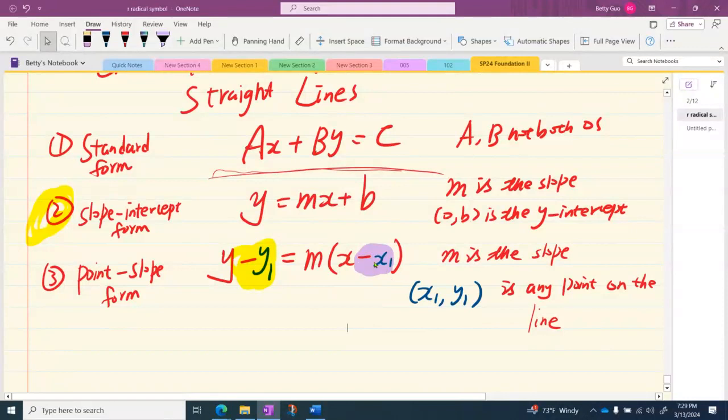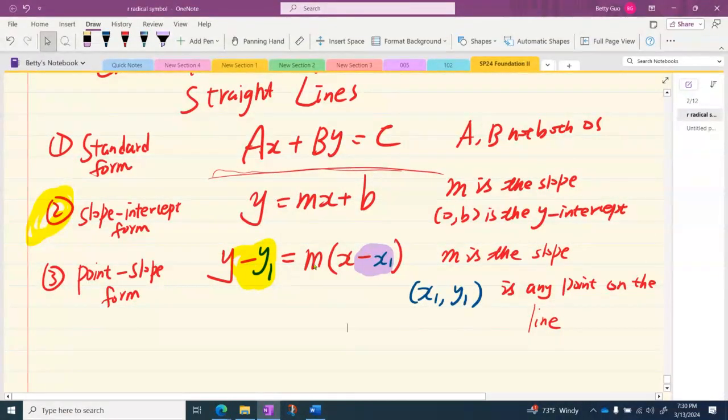And look at the yellow. On the left side, we have a variable y plus a number in yellow. The number in yellow is the opposite of the second value of the given point.